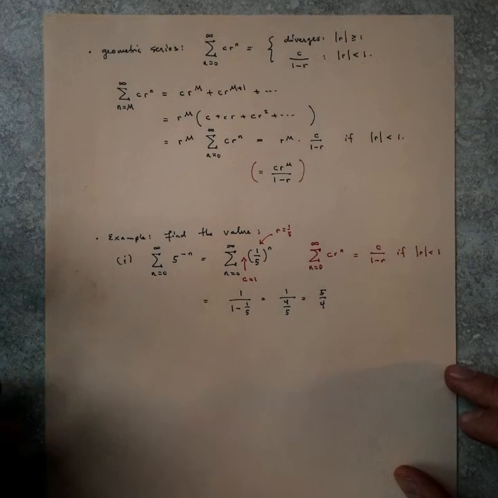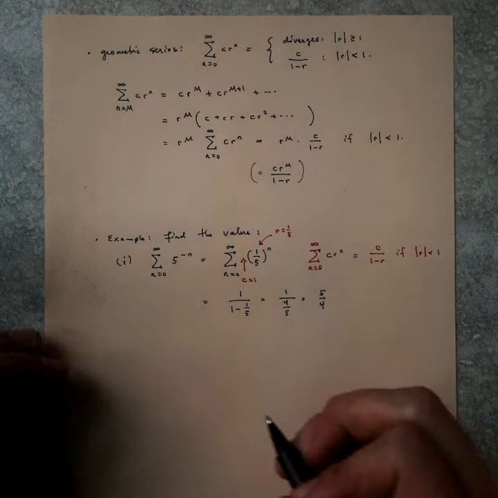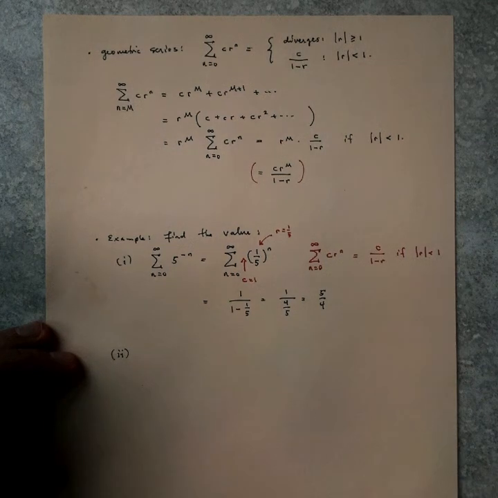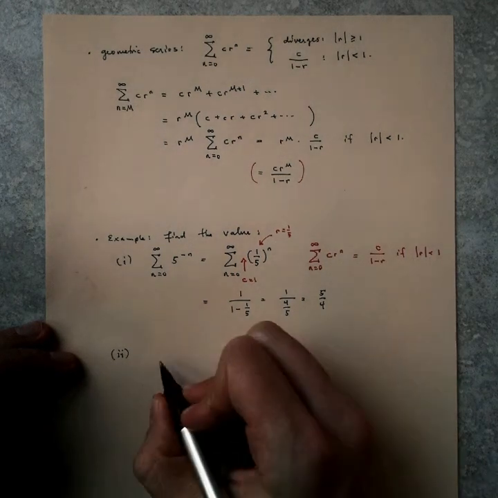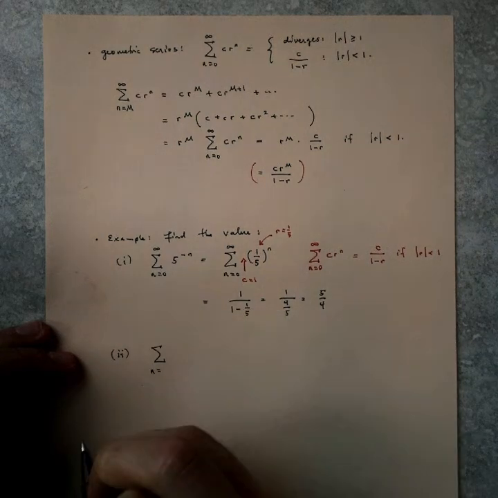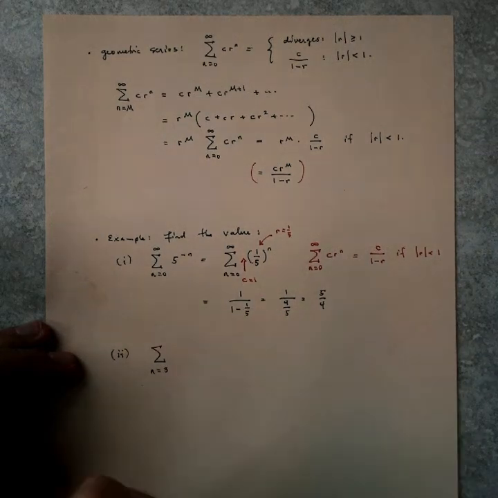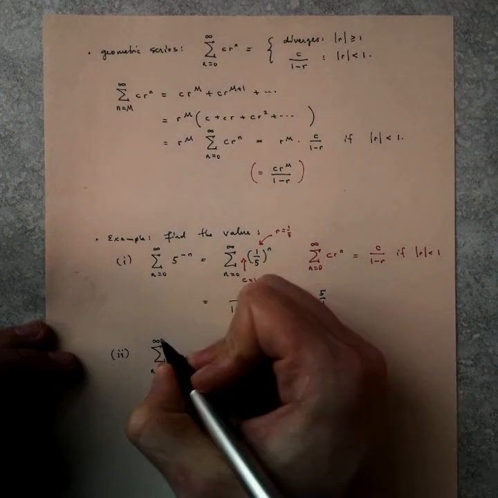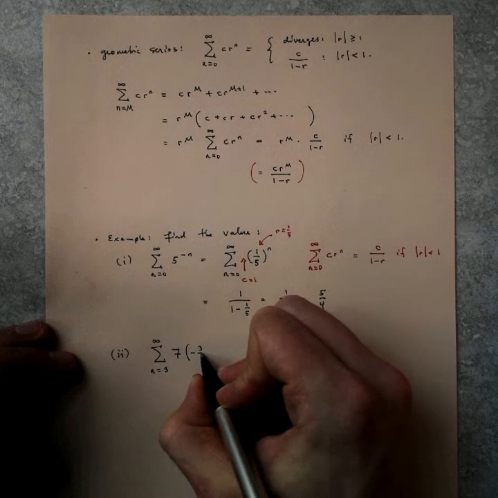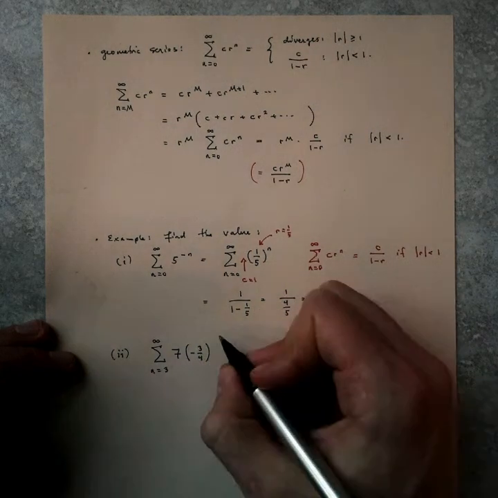Okay. Second example is this. I'm going to start the sum at 3 to infinity, and now I have 7 times negative 3/4 to the n.